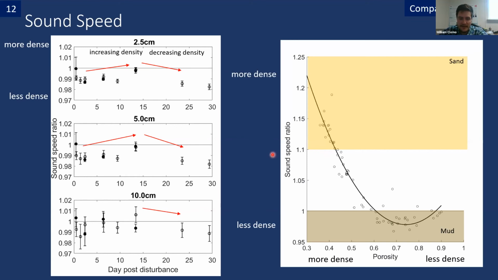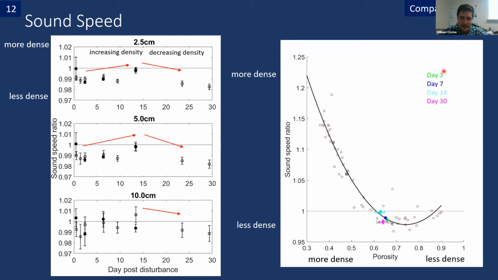In this graph, this is the same graph I showed earlier. We have sound speed ratio and porosity values from a wide range of sediment types from other literature. So if we add our average sound speed and porosity values from day 3 to day 30, again, these are the 2.5 and 5 centimeter averages. The differences are pretty small.